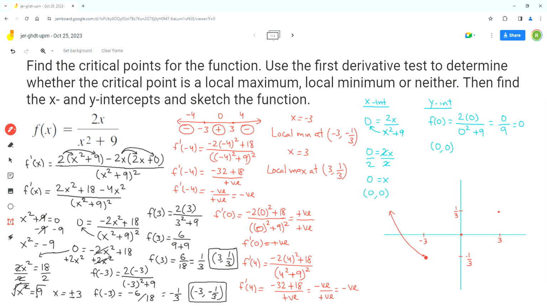Now to the right side of negative 3 and up to positive 3, the function is increasing because f prime is positive. So now we have to continue the graph to the right side of negative 3, and it should pass through the origin and continue all the way to the local maximum at x equals 3.